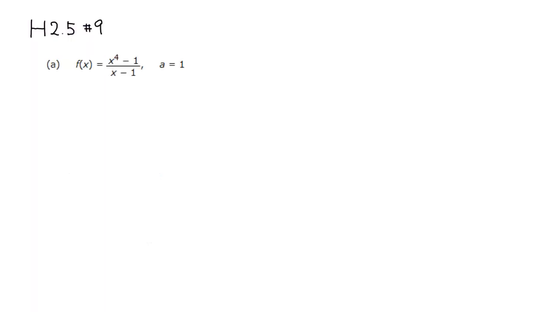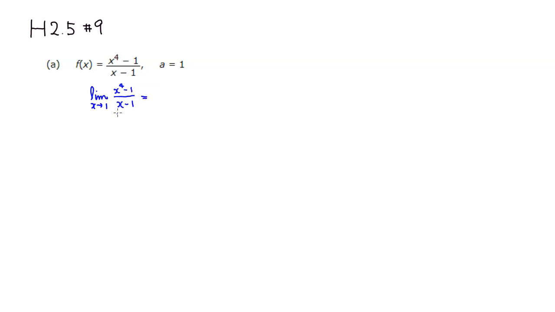So what you need to do is try to take the limit as x approaches 1, right? So 1's right there. So you have (x to the fourth minus 1) over (x minus 1), right?